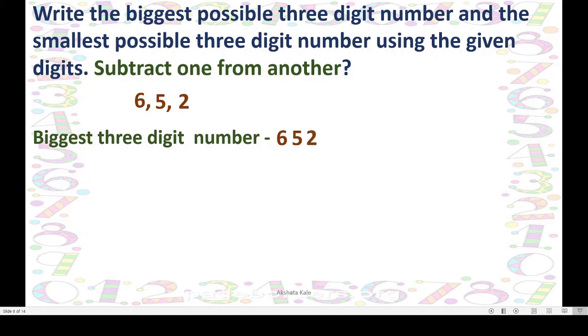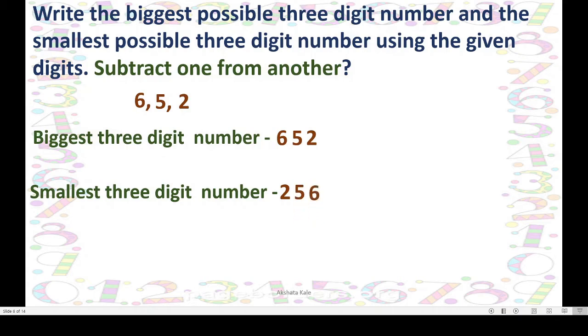Like this we can use the 3 digits in decreasing order so that we will get the biggest 3-digit number. Then we will write the smallest 3-digit number. Here we are going to use the increasing order. So we will write first the smallest number, that is 2, then 5, then the biggest number, that is 6. Now we got both numbers, that is biggest and smallest.